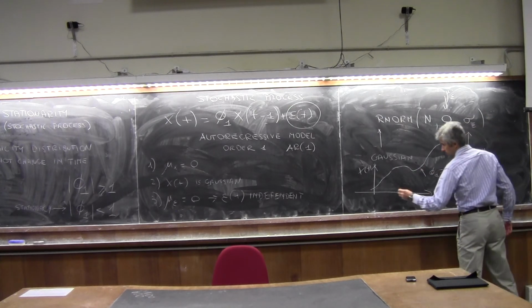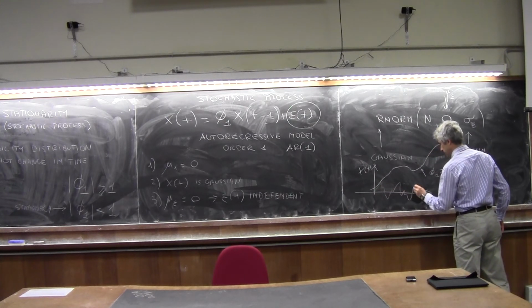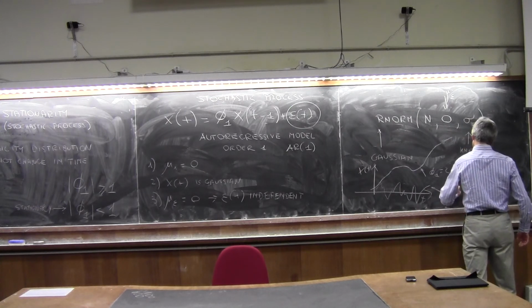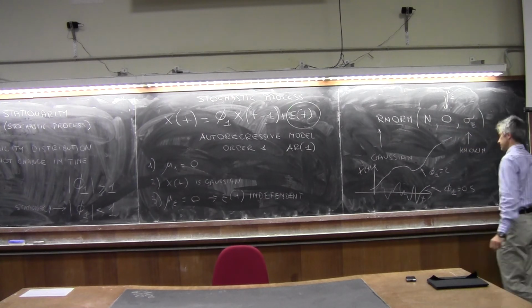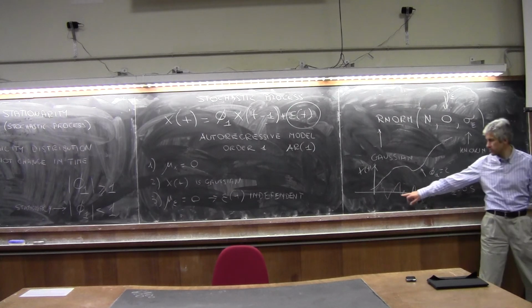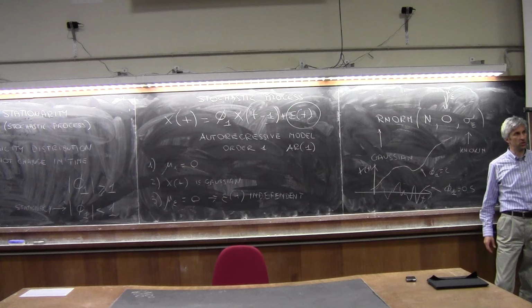Conversely, if you use phi 1 equal 0.5, you get a situation like this. You have some variability, you have some changes, but then you go back to the zero mean situation.